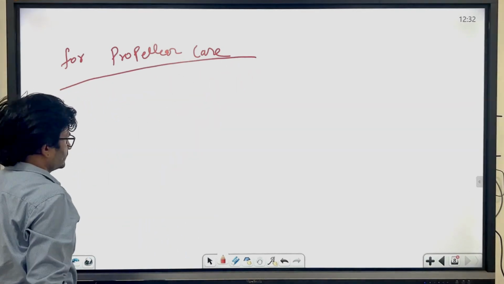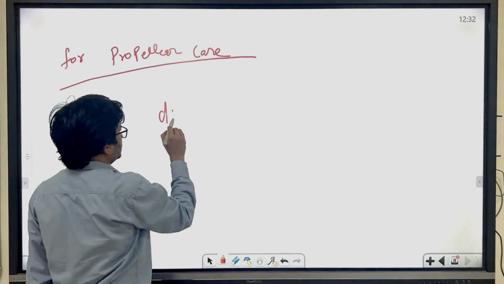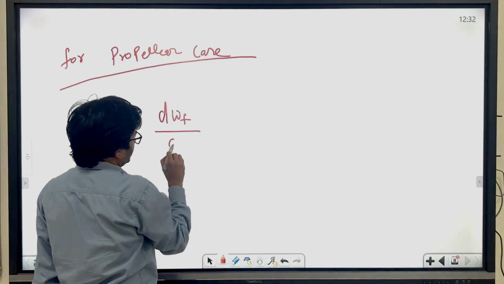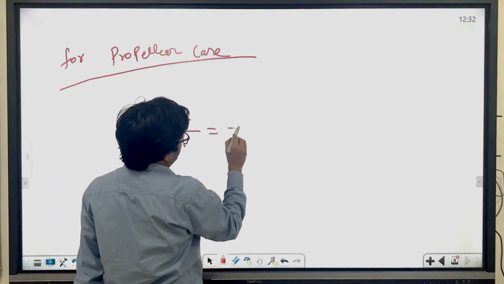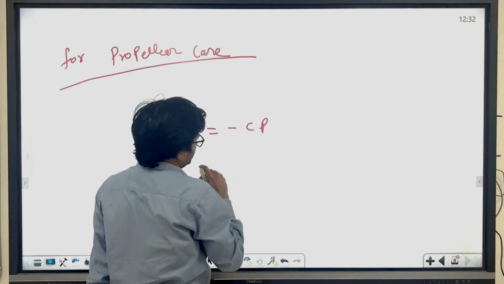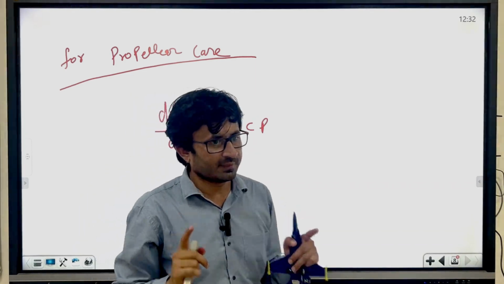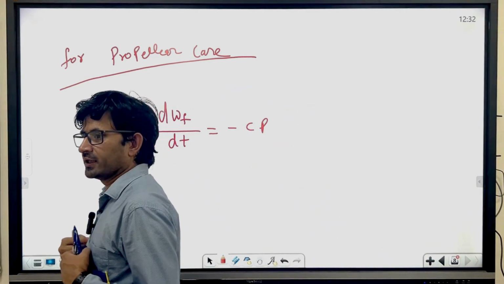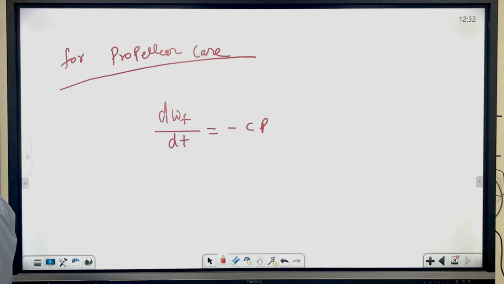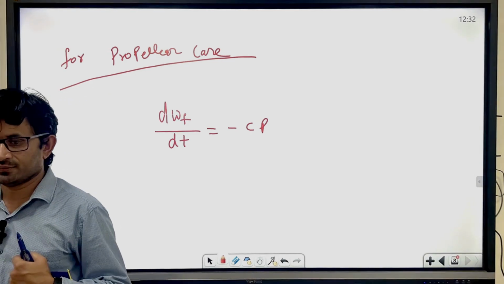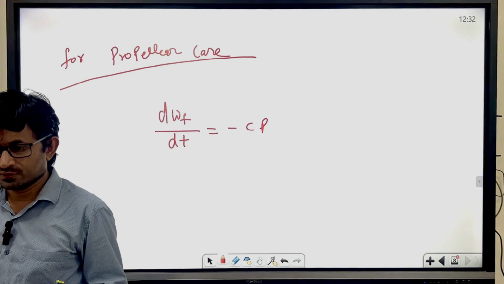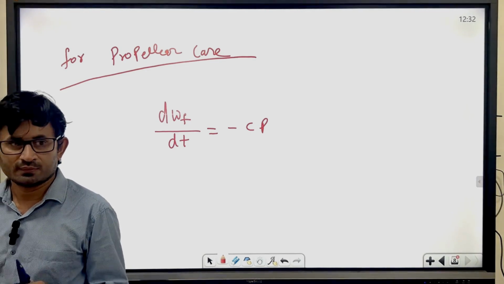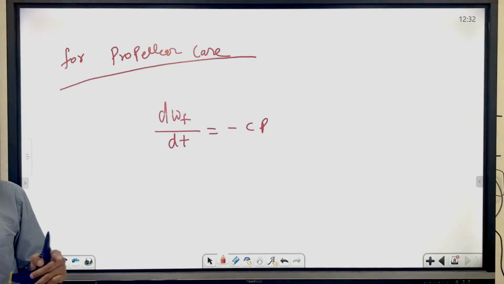Okay, so you again start with dW by dt equal to minus c into P. So remember here, if anybody asks you what is the range, what is the endurance for a jet, for a propeller, then you just think that okay, for a jet I generally deal with the thrust.